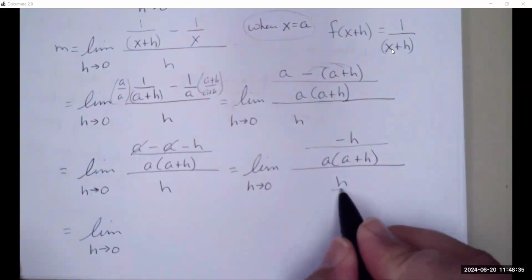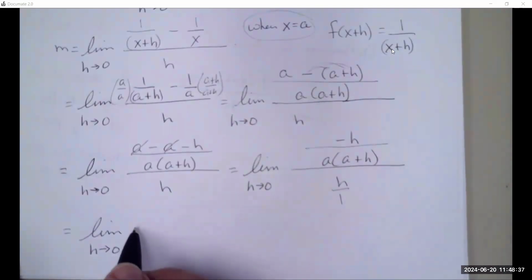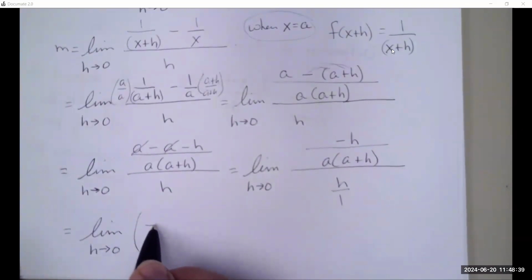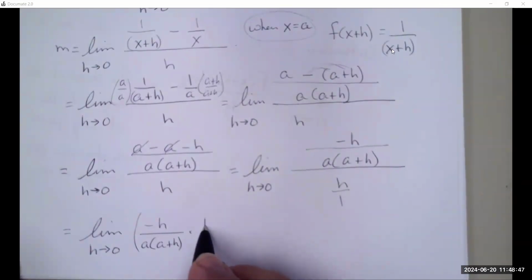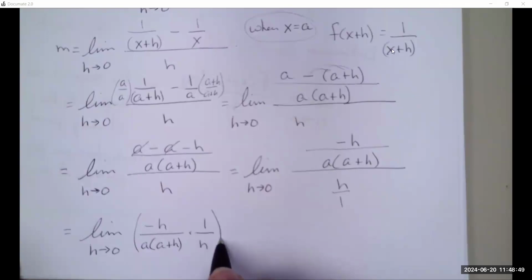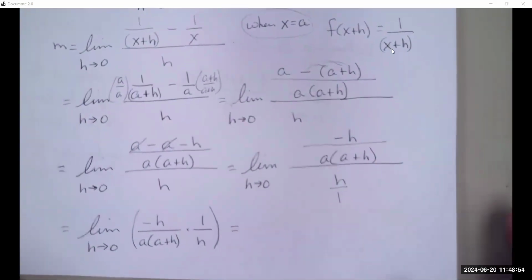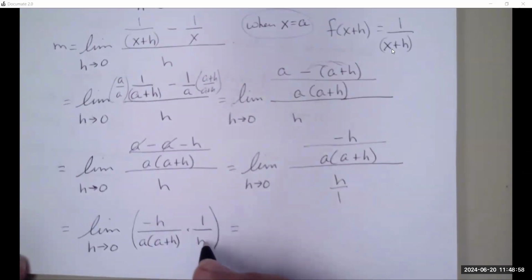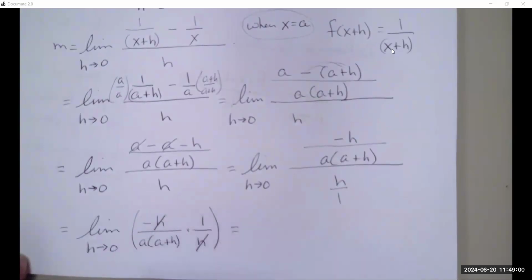Since we have a fraction over a fraction, take the top fraction, leave it alone. Multiply by the flip of the bottom. The h's cancel.